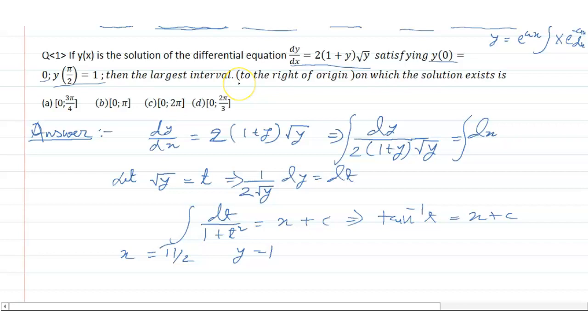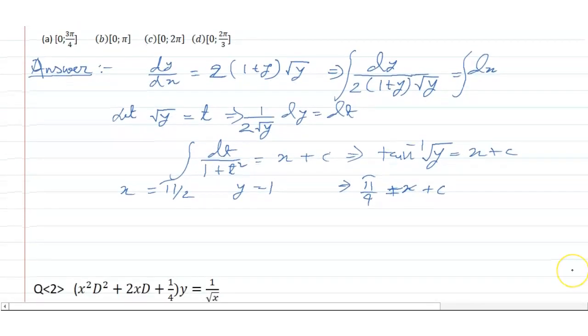Tan inverse t, with t equal to √y, becomes π/4, so π/4 equals x + c.